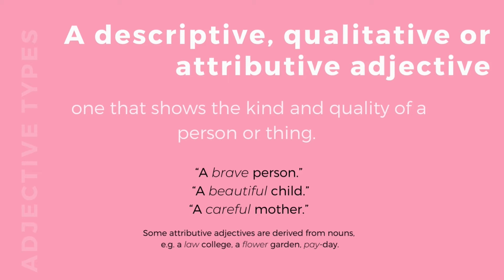Now, the thing to note here is that some attributive adjectives are derived from nouns. Example, a law college, a flower garden, payday. Now, these are not proper nouns. But if the adjective is derived from a proper noun, then as we studied previously, it will be called a proper adjective.